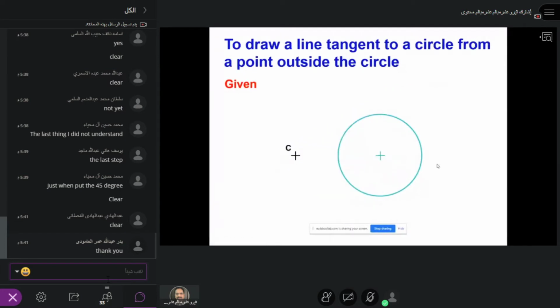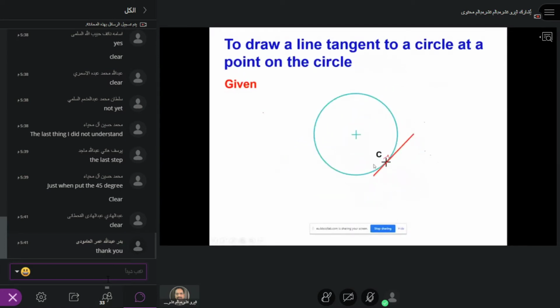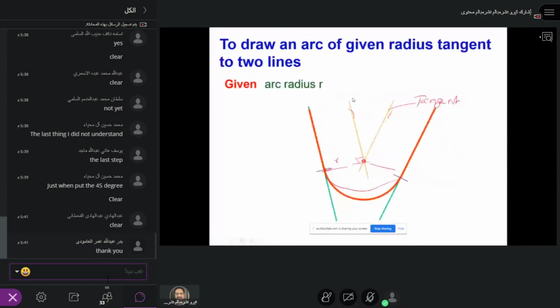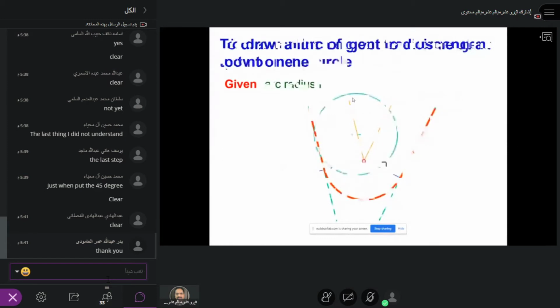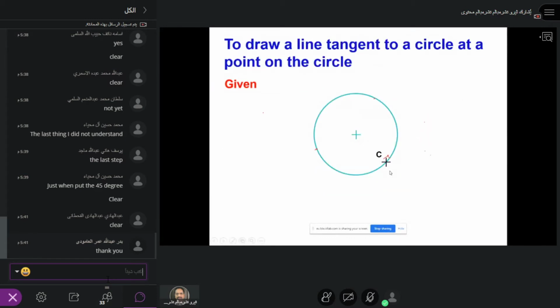First, we draw a line tangent to a circle at a point on the circle. On the circle means anywhere, here or here. It's on the circle. So how did we do that? First we mark this is the C, a point on the circle.